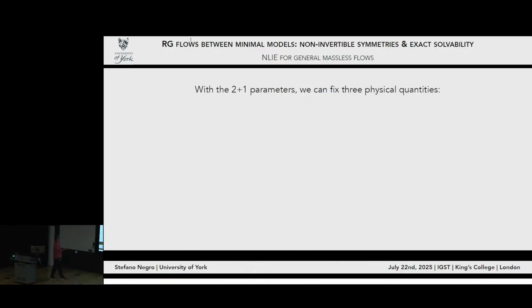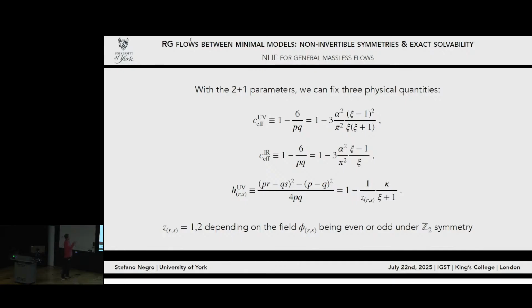So that's an assumption. And when I have 2 plus 1 parameters, the 2 in the kernel and alpha, I can fix 3 quantities. So I can fix the UV and IR effective central charge in this way, and the deforming field in the UV. And this Z is just a 1 or 2, depending on the field being odd or even. It's just a quantity. It's nothing too fancy. So these 3 are input data. I start with a flow that I suppose might exist.